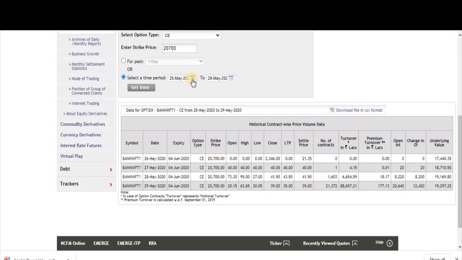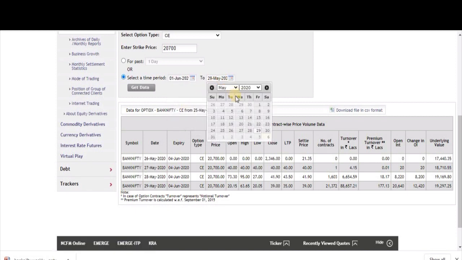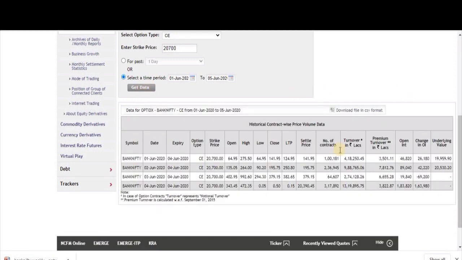I need to select the date range as June 1st to June 5th. Let's get the data.